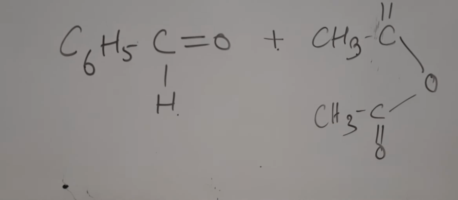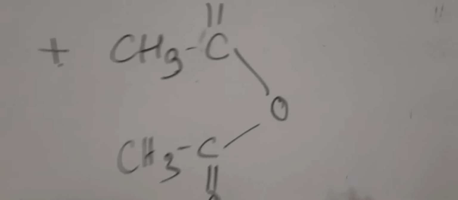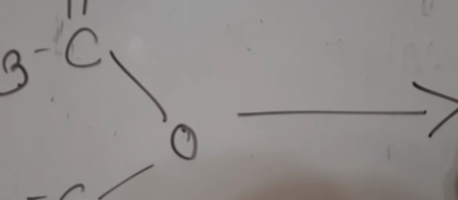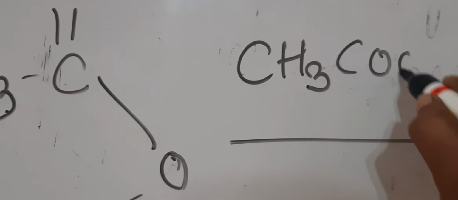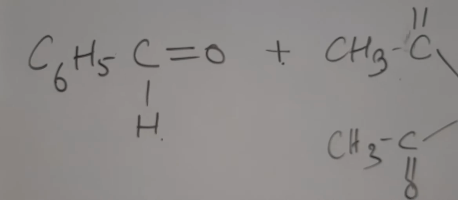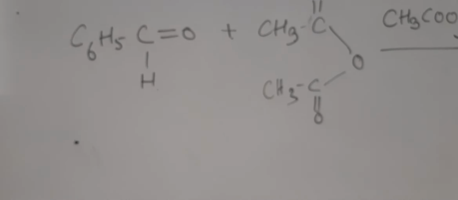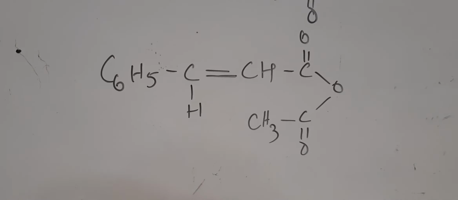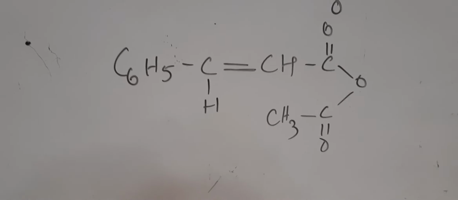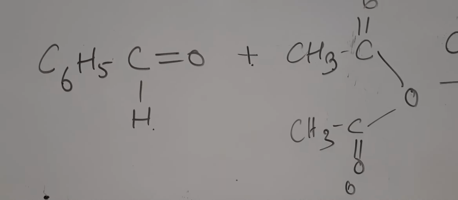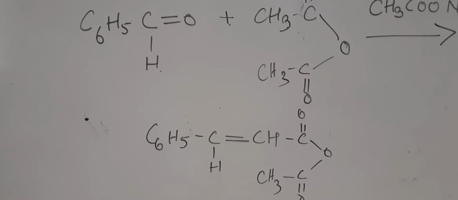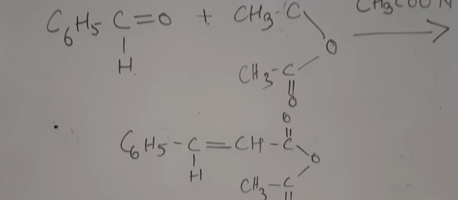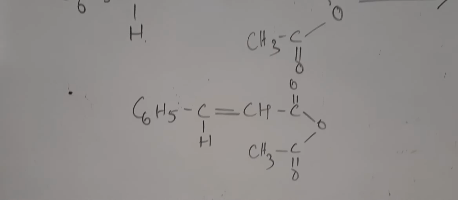This reaction occurs in the presence of sodium acetate, CH3COONa. If water is removed, this is how we write the product: C6H5CH=, so H2 is removed, and I have written CH there.